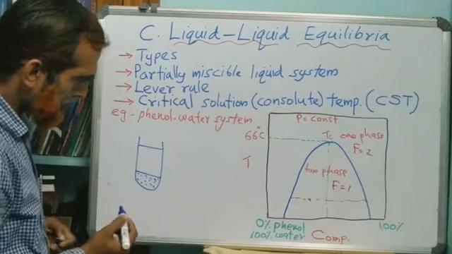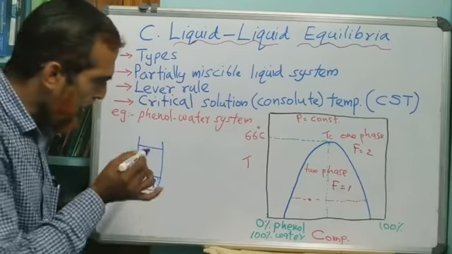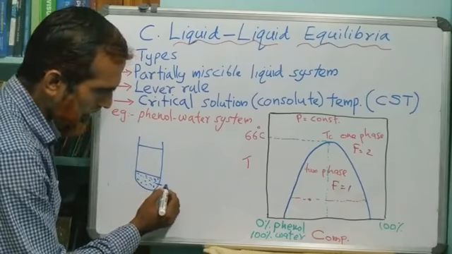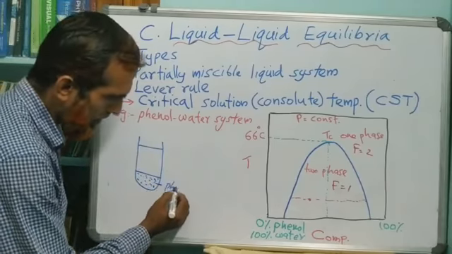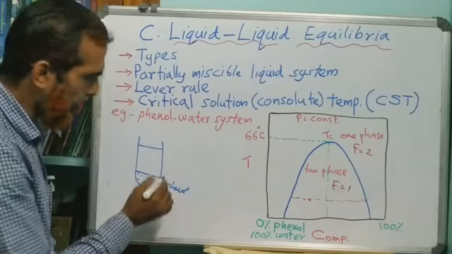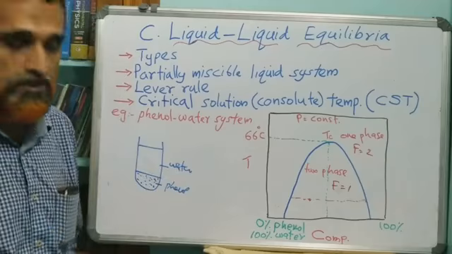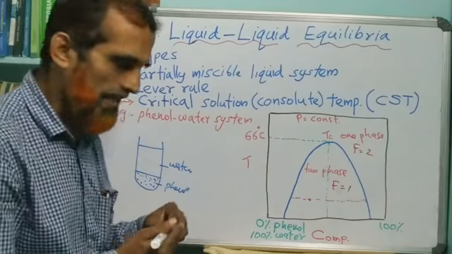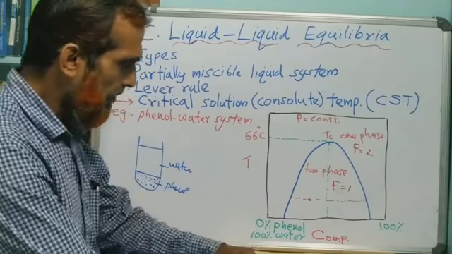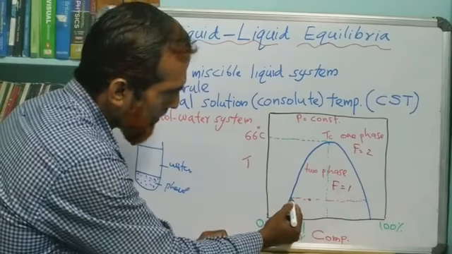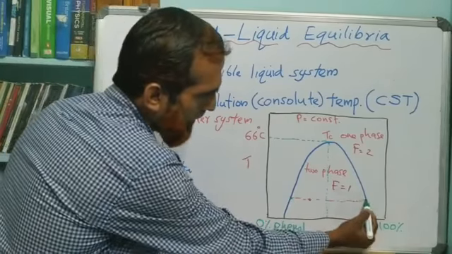Now, what is the composition of these 2 layers? That is obtained from the tie line. When you draw the tie line, you meet 2 points in the curve, 1 point here and 1 point here.